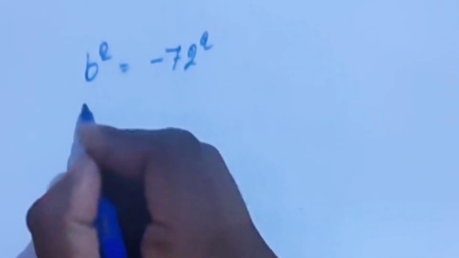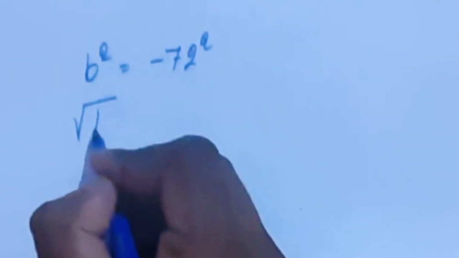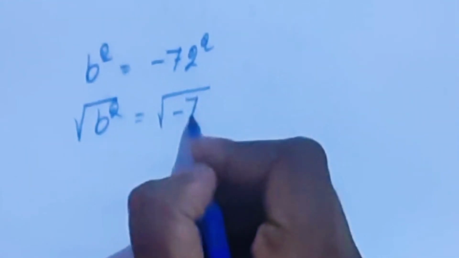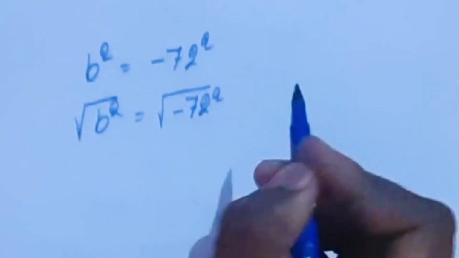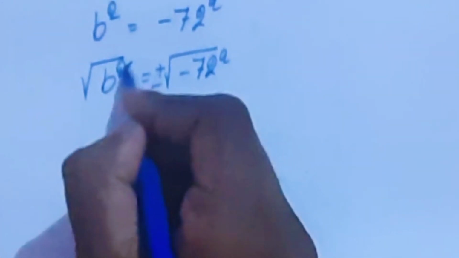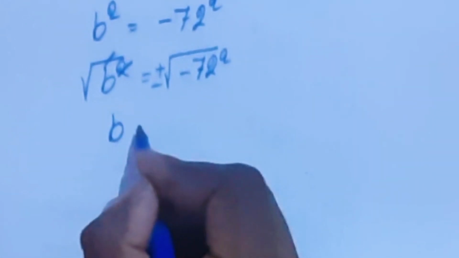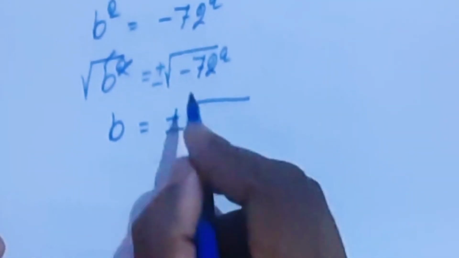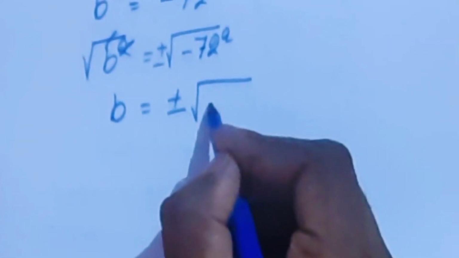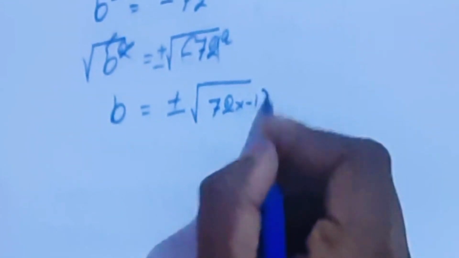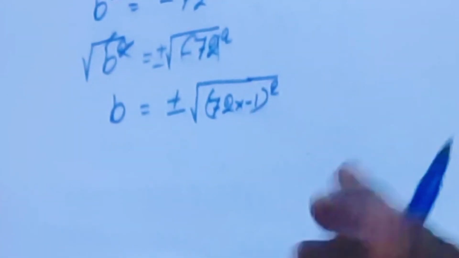Here we are going to take square root on both sides. So square root of b square equals square root of minus 72 square. Now this is plus or minus. Now the square and square root will cancel each other. Here we have b equals plus or minus square root of, this can be written as 72 times minus 1 whole square.